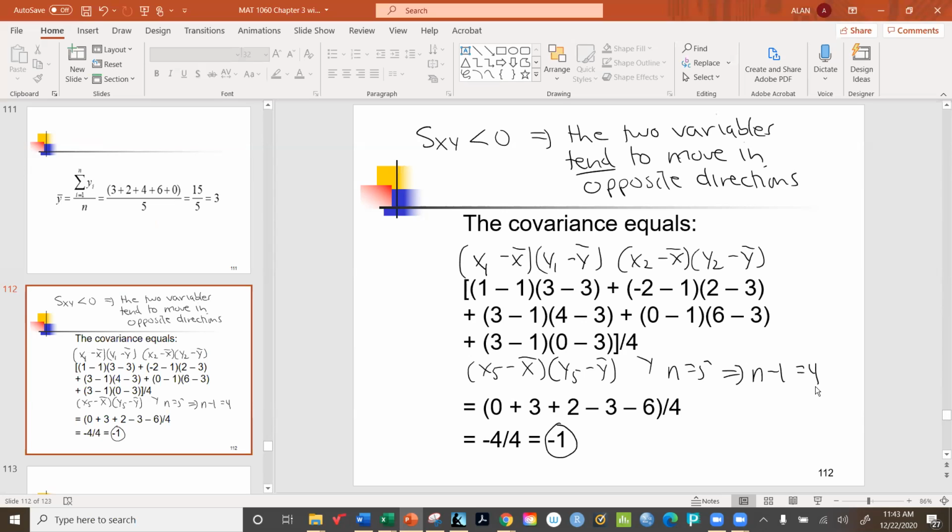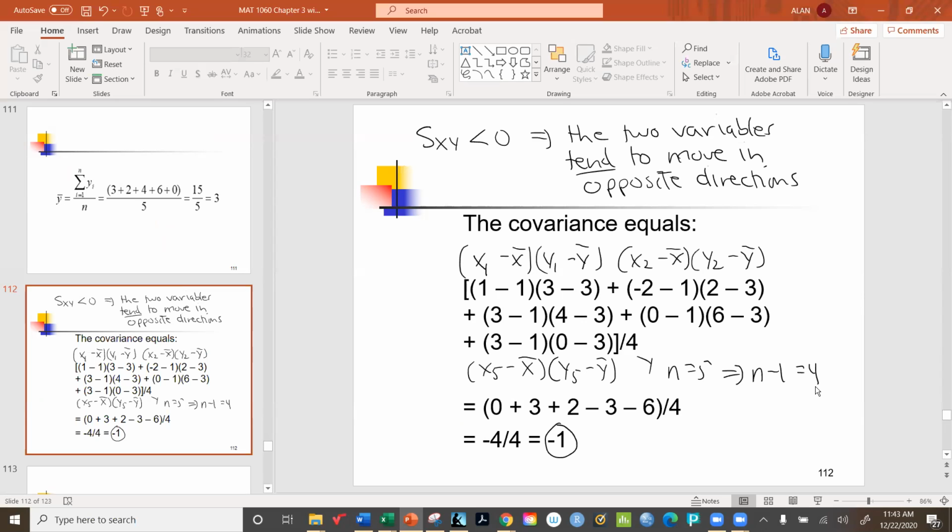The key word there being tend. Not always, of course. Now, there's just one little problem here. Is that a strong relationship? -1. We know that it's negative, but we don't know how strong that connection is between the two variables.